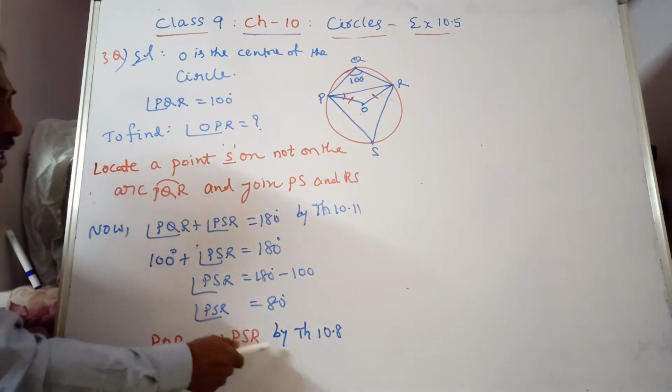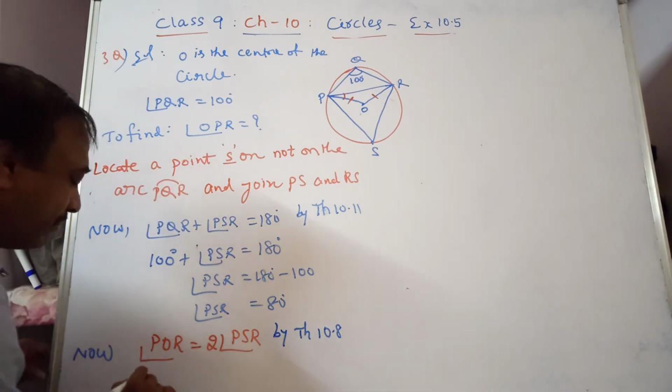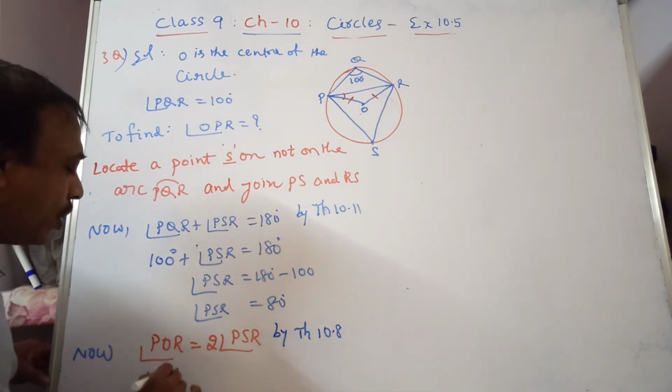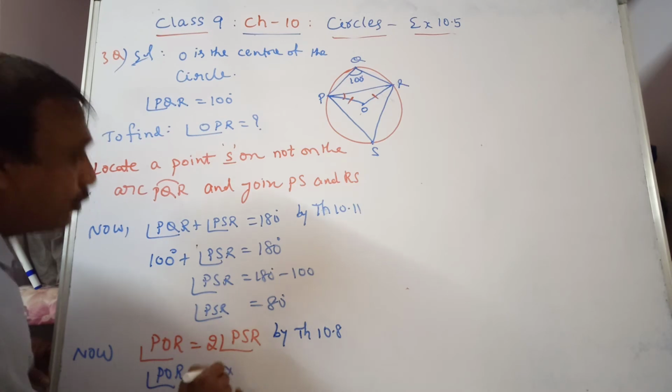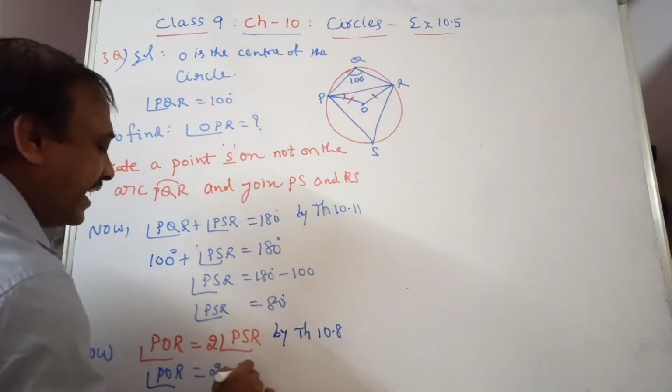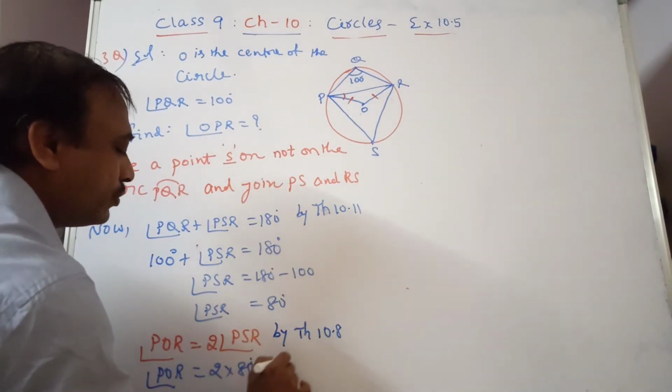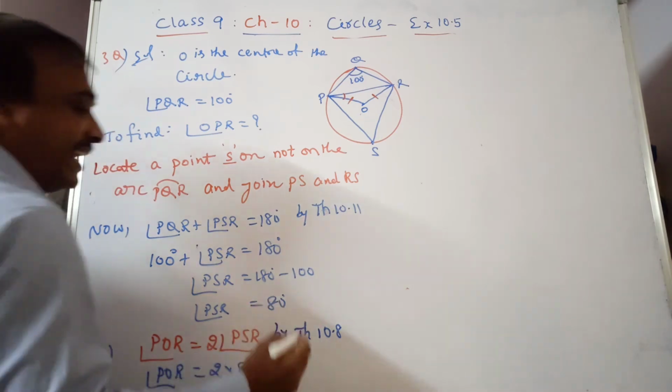So angle POR is equal to 2 times angle PSR by theorem number 10.8. Angle POR is equal to 2 into PSR. We got PSR as 80 degrees, which gives 160 degrees.